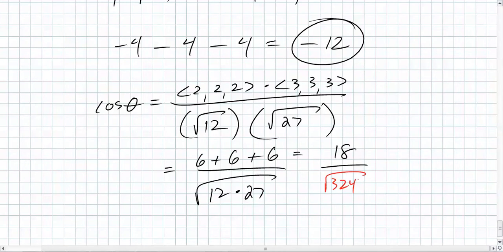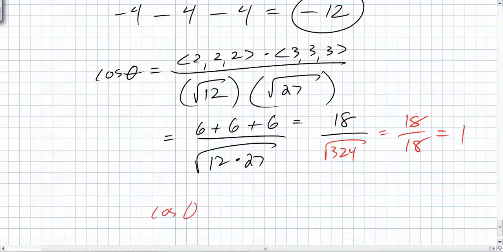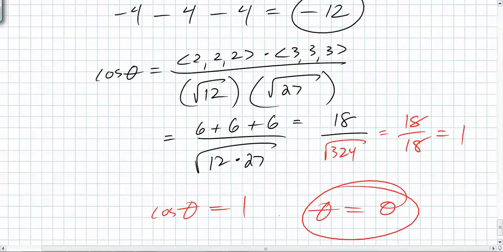So this is 18 over 18, which is 1. So cosine theta is 1. What does theta equal? 0.